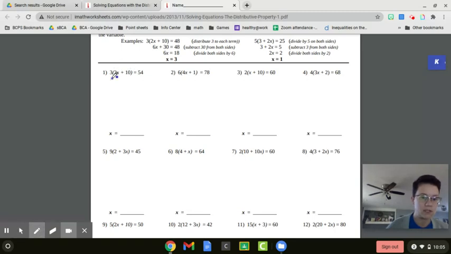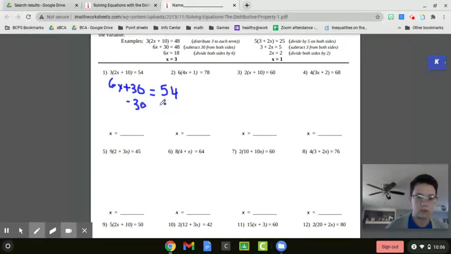3 times 2x is 6x. 3 times 10 is 30. And that's still equal to 54. And then we just solve like normal. So inverse operations say subtract 30.